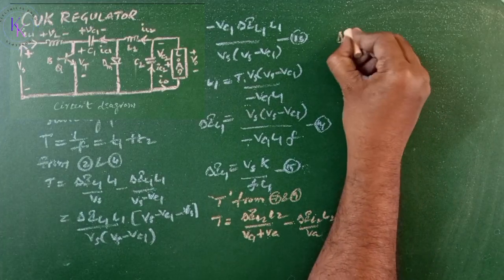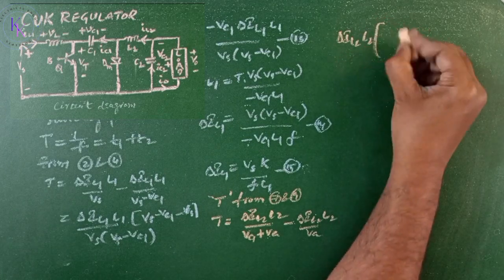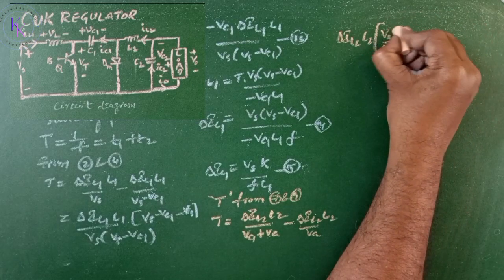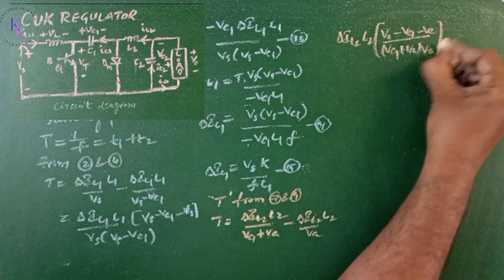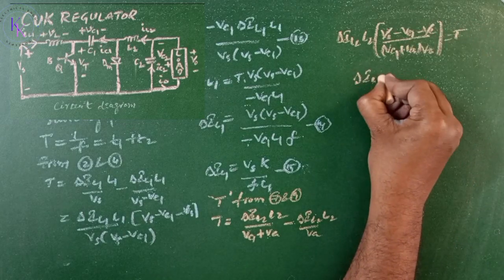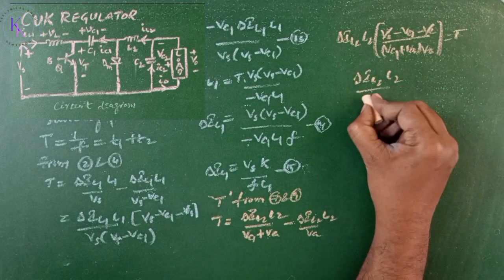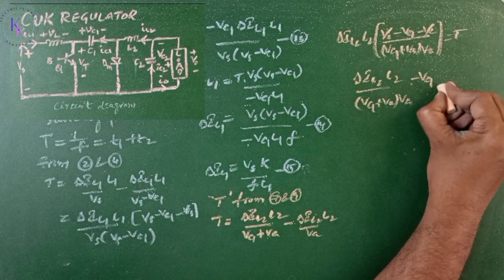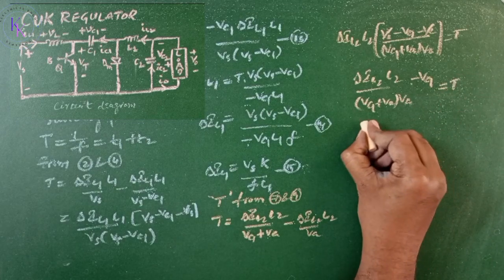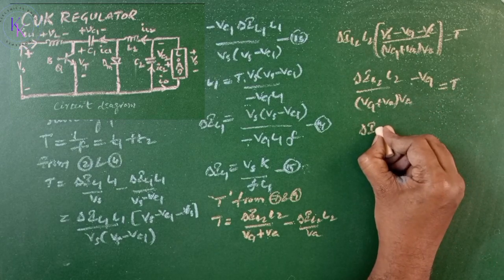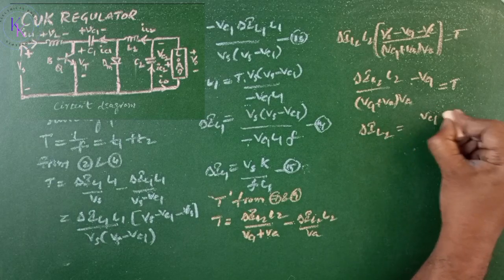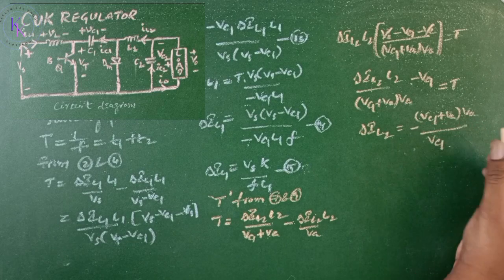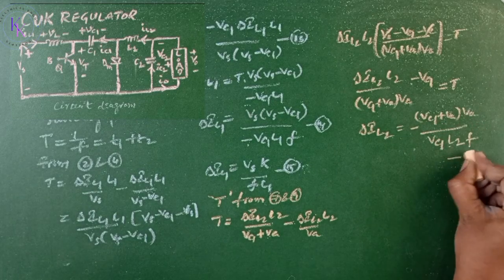Now, from this, taking delta IL2 as common, Vc1 plus Va of Va, then Va minus Vc1 minus Va equals T, delta IL2 divided by Vc1 plus Va of Va minus Vc1 equals T, from which the peak to peak current of inductor 2, that is delta IL2, equals Vc1 plus Va of Va minus divided by Vc1 L2 F. Now let this be equation number 16.